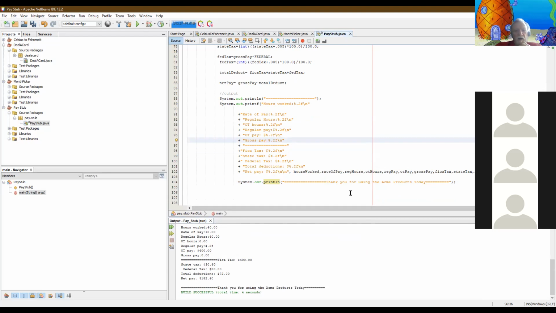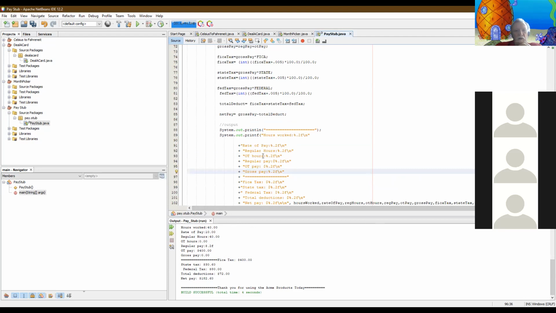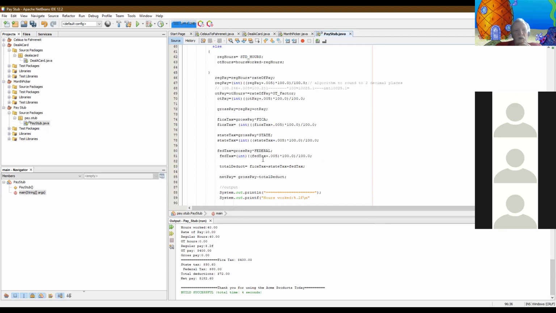Why are you not getting anything? Gross pay. Got it last time. That's weird. Scroll up a little bit. Keep going. Stop. Gross pay is regular pay plus overtime pay.